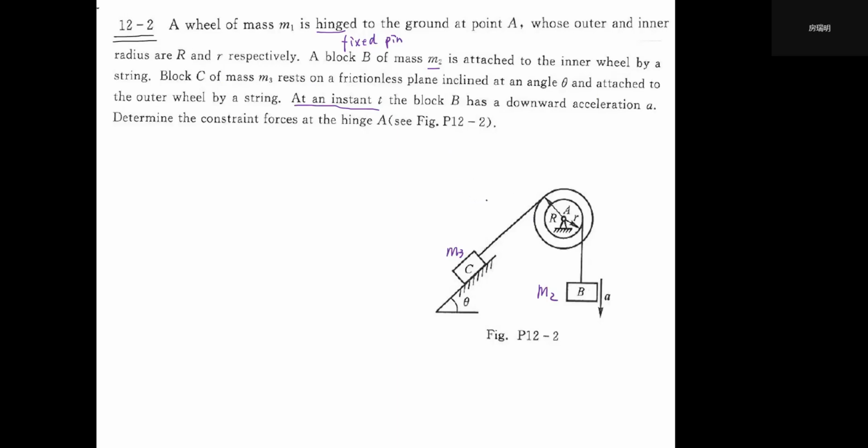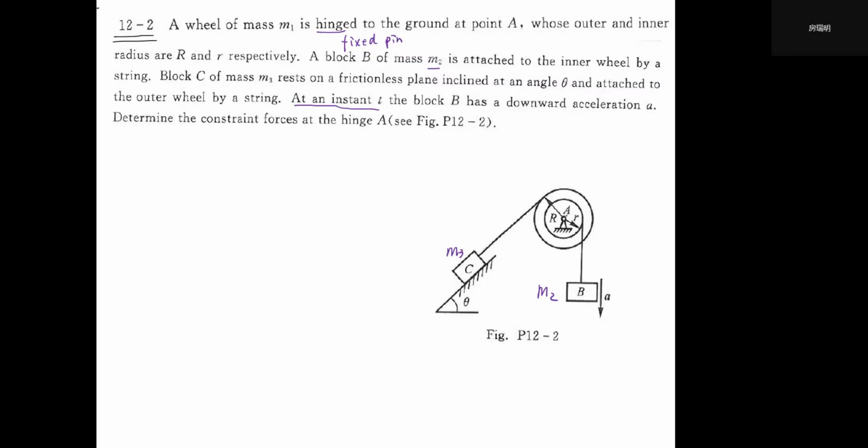At one glimpse, maybe you guys will find it's too complicated. We don't have any idea how to find the answer, but we can do this by analysis step by step. You see, we assume that this string will never change its length.